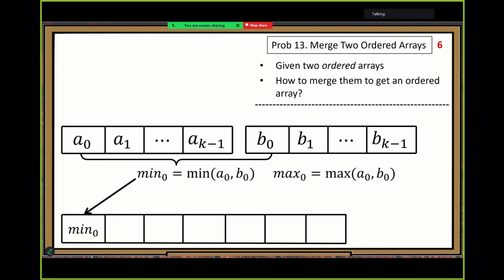The first element is in place. That's our progress. But max 0, we don't know if it is in place, right? It may not be in place, because we need to consider if there are other possible elements that are smaller than this max 0.